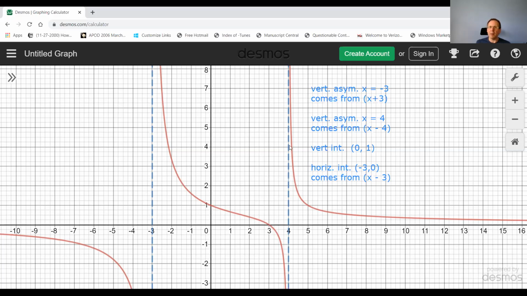Okay, so let me put all this information together. Let me go back to the iPad to finish this. Okay, so we know that our function is going to be of this form. First of all, there could be a constant.